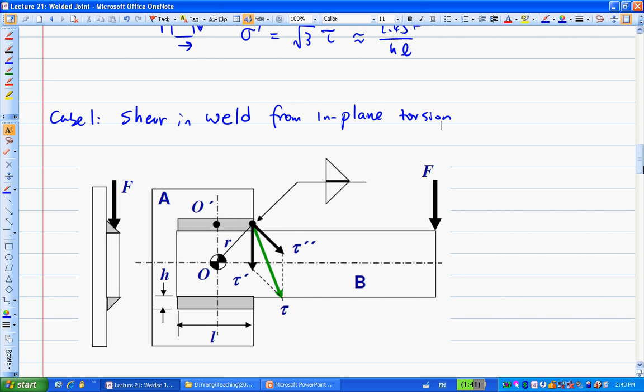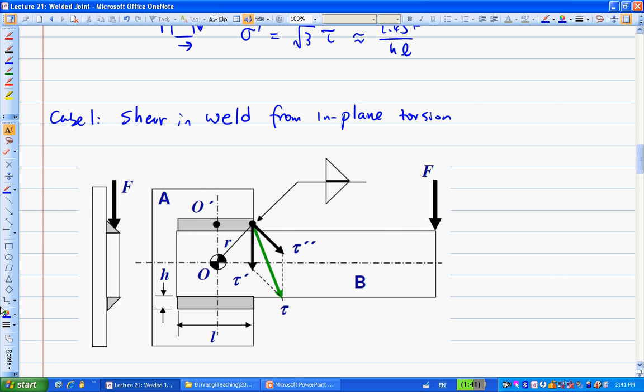It doesn't matter how you weld. You may be welded like this, or here, here, here, all around, or maybe just here and here. That's the next question. But the in-plane concept here is that the force applied is in the same plane as the weld group.